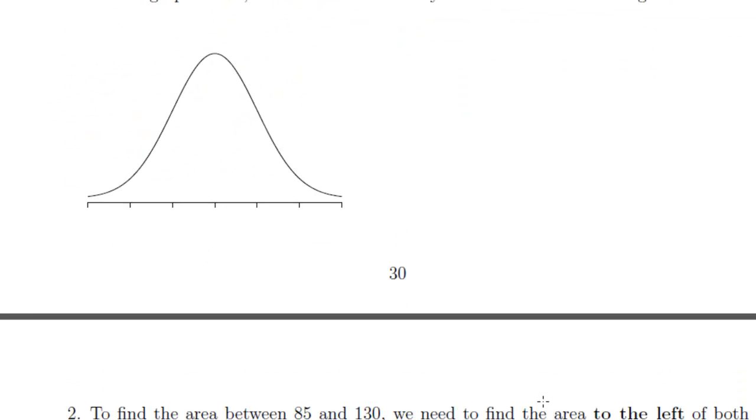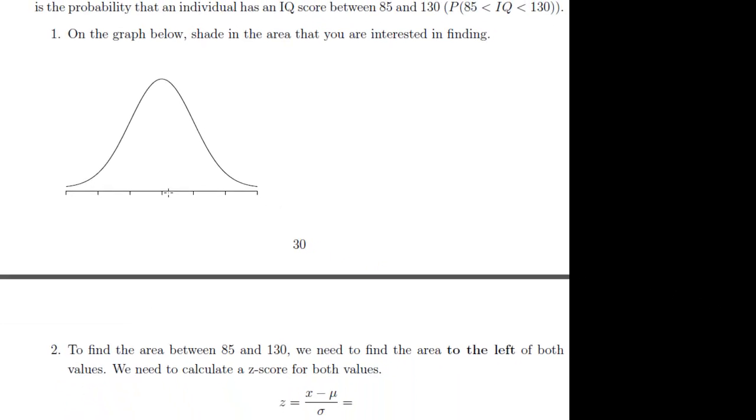Alrighty, so let's go ahead and move on to a different problem. We're still dealing with IQ scores. We want to know the probability that an IQ score is between 85 and 130. So I can do that either on my calculator or using the table. And again, I want to draw my picture.